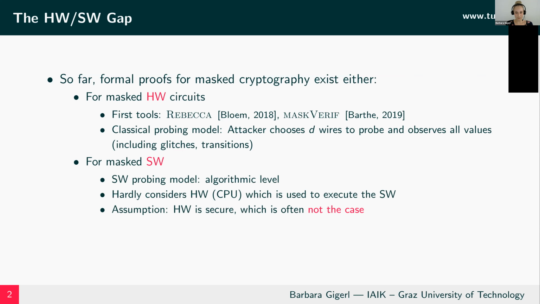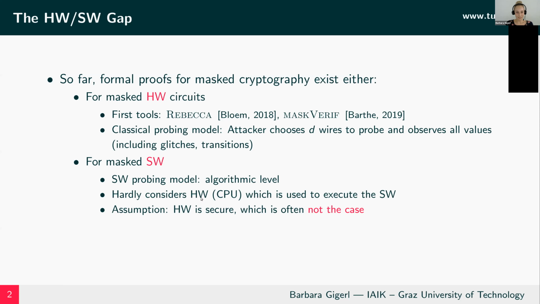Unfortunately, this is often not the case, because as it is with every hardware, there can be glitches and transitions in the circuit. Therefore, what we want is a tool which can verify a certain piece of masked software when we execute it with a certain concrete CPU. The CPU is best represented by a netlist, after the synthesis and everything. And with Coco, we have such a tool.